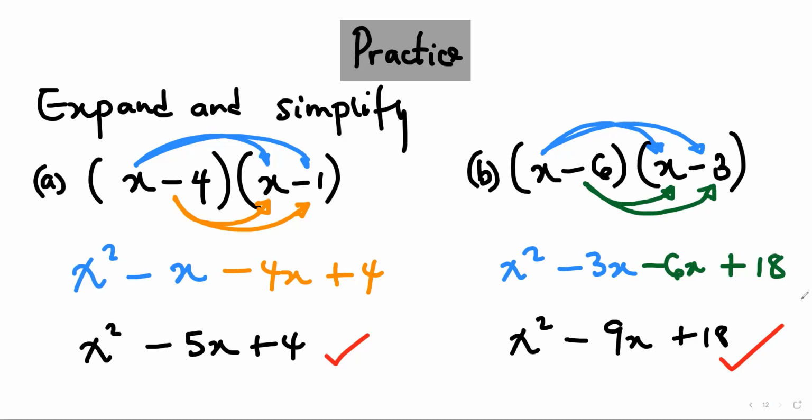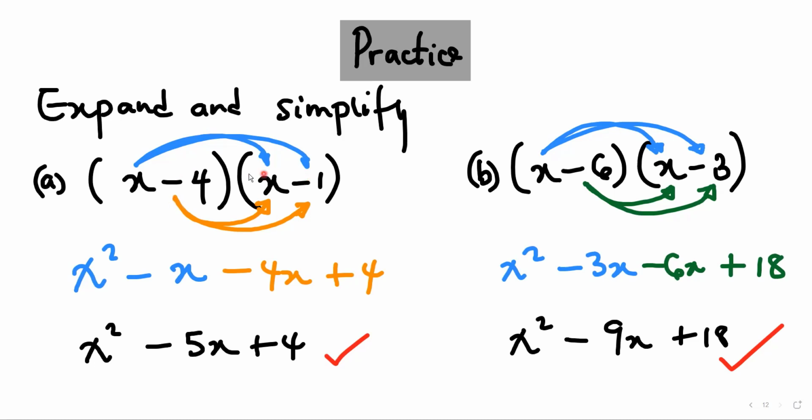Now, let's consider the final kind of questions you can have. Let's consider a situation where you're going to have a minus here and then a positive here. We've considered plus and minus, plus and plus, and minus and minus.